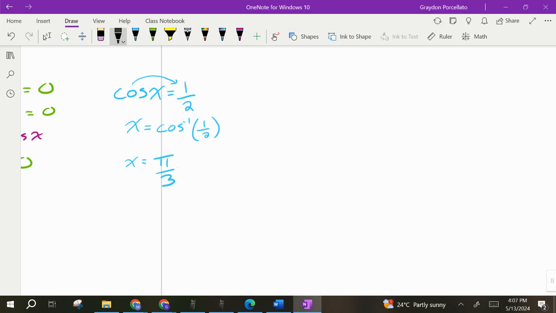So what I can do is actually draw that using my special triangles. Remember, cos is positive here and here. So this angle here is pi over 3. What is this angle here?